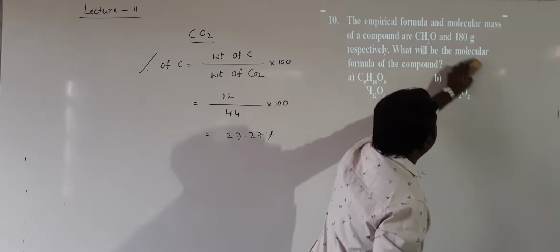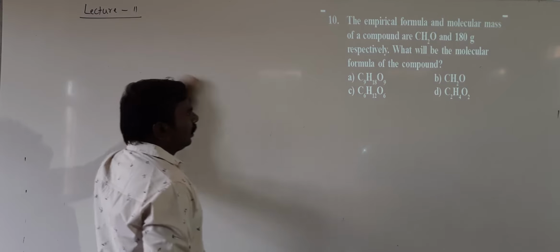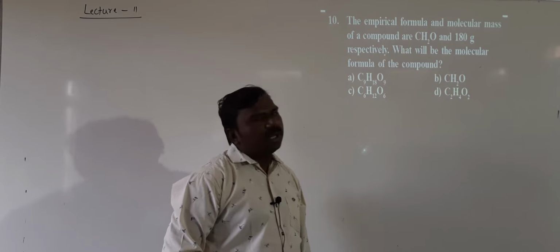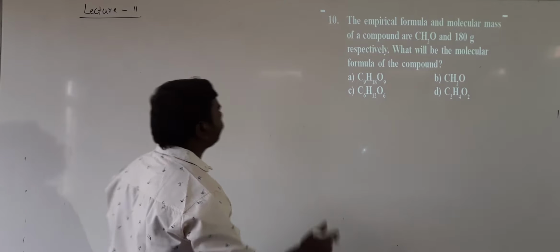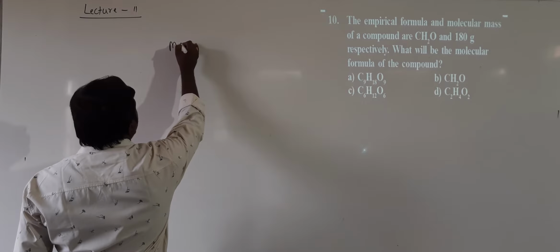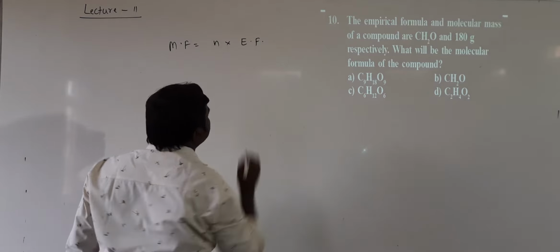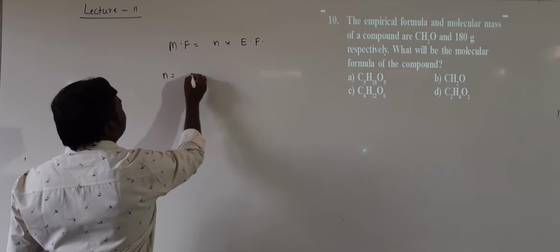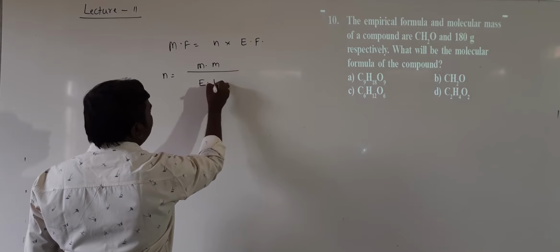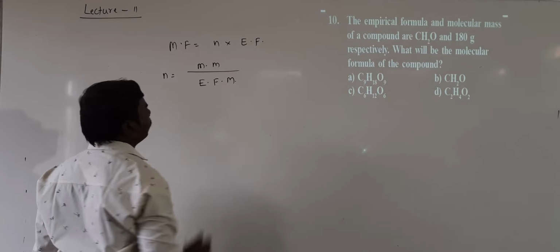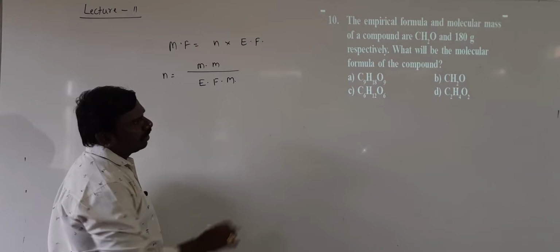Next, the empirical formula is given and the molecular mass is also given as 180, and we need to find the molecular formula. Molecular formula equals n into empirical formula, where n equals molecular mass by empirical formula mass.